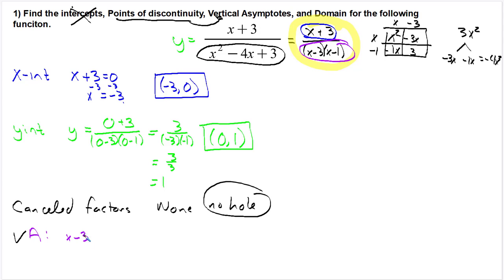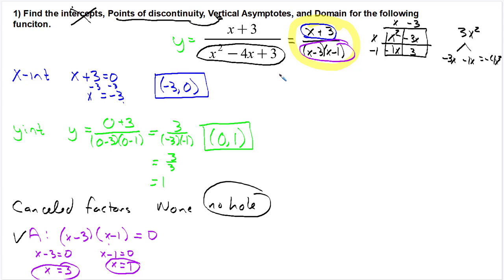So x minus 3 times x minus 1 equals 0. And so my vertical asymptotes are going to show up when one of these two factors is 0. So x minus 3 equals 0, so x equals positive 3 is one of my vertical asymptotes. x minus 1 equals 0, so x equals positive 1 is my other vertical asymptote.